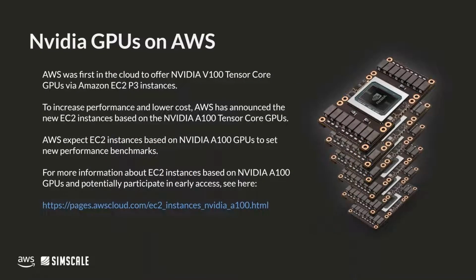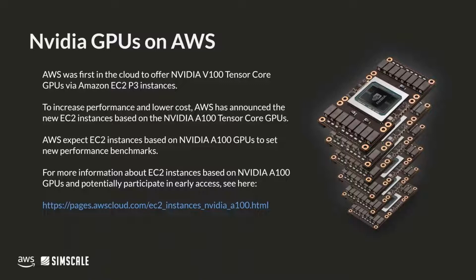SimScale's load is very spiky as a result of the timing and distribution of when users submit jobs, and user jobs being different in their computational requirements. AWS is the only economically feasible way to run these workloads, especially considering the hardware cost of large GPU instances. AWS was the first to offer these state-of-the-art NVIDIA V100 GPUs for use in the cloud via their EC2 P3 instances.